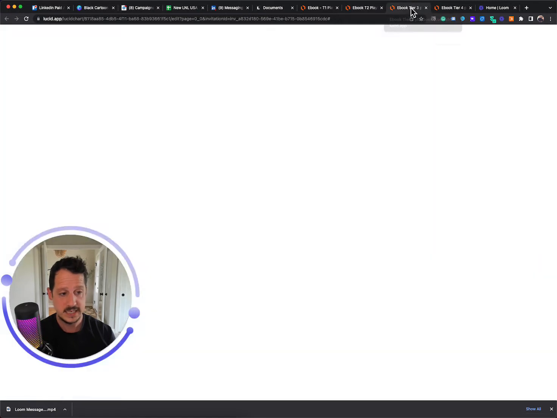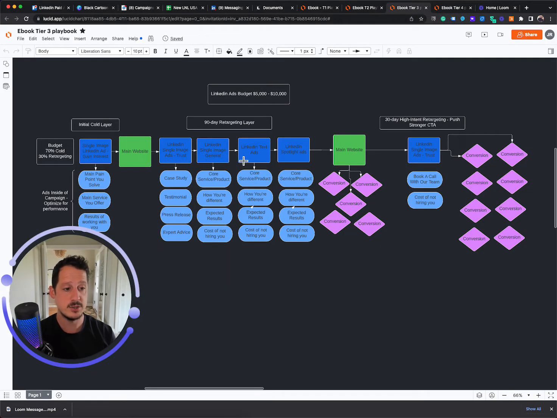From there, it evolved a little more with a higher budget where we introduced spotlight ads in addition to the other retargeting campaigns in the 90-day retargeting layer. We also then tracked the retargeting traffic back to the website, as well as the interactions with our retargeting ads, and introduced a new layer that got back in front of that high intent traffic with a 30-day high intent campaign that pushes for a stronger call to action to harness this traffic and get back in front of it for a higher conversion rate.